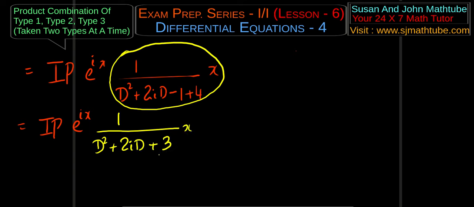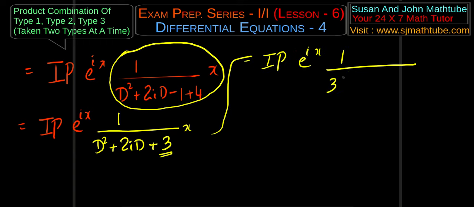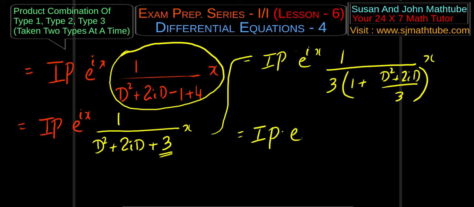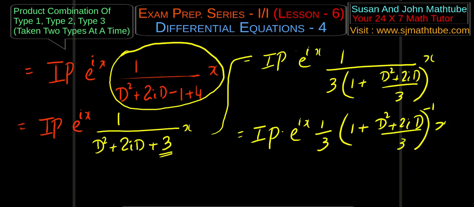And the most inferior person in the group is 3, so we have to take 3 outside. So we take 3 outside, you end up with 1 plus d square plus 2id by 3, and that is equal to imaginary part e to the power ix 1 by 3, and 1 plus d square plus 2id by 3 the whole power minus 1 of x.